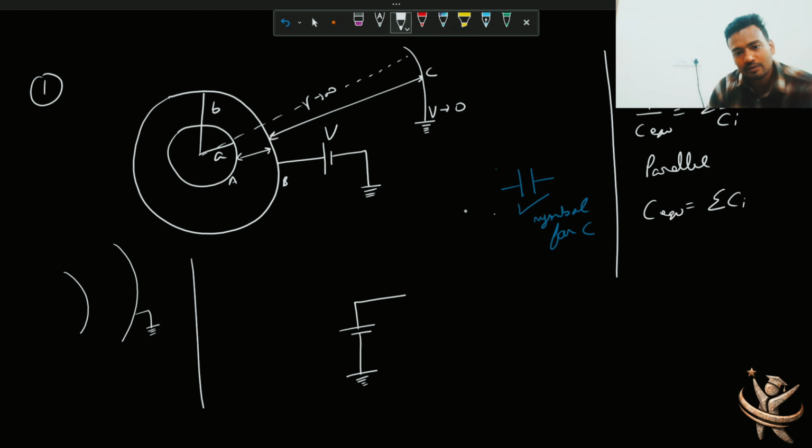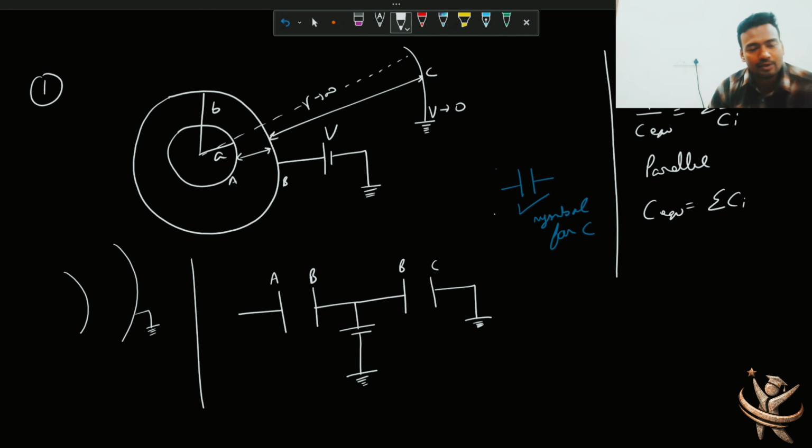So I will go like this: B and C, and this is grounded. The C sphere is grounded, and the inner and outer surfaces of B in conductors we can imagine as two separate plates. So this inner one makes a capacitance with A. Now A is connected neither to the battery nor to the ground, so it's just open like that, right?